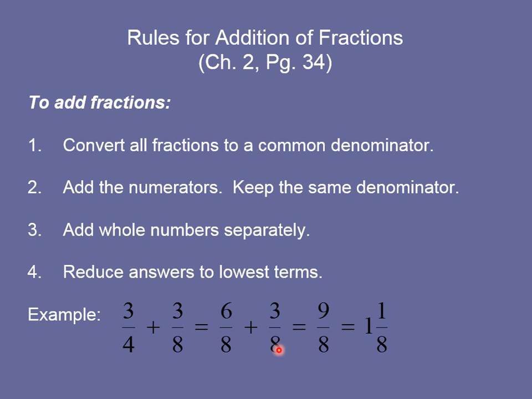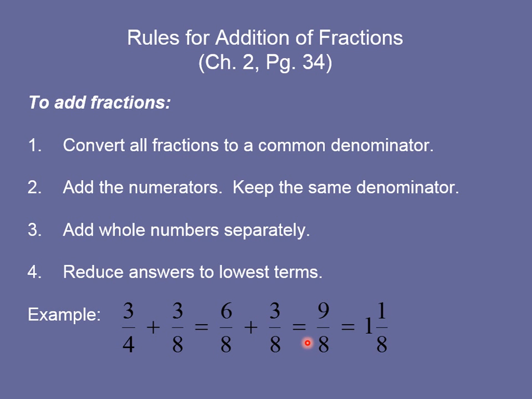Now it's easy for me because both of my denominators are the same. Once the denominators are the same, all I do is add the numerators, which is 6 plus 3 is 9. This is actually my answer, 9 over 8, but this is an improper fraction. If I want, I can get a mixed number. When you answer such questions, look at the answers.